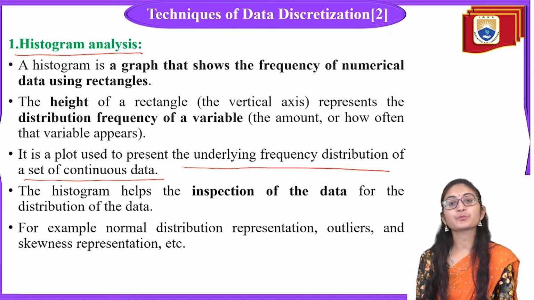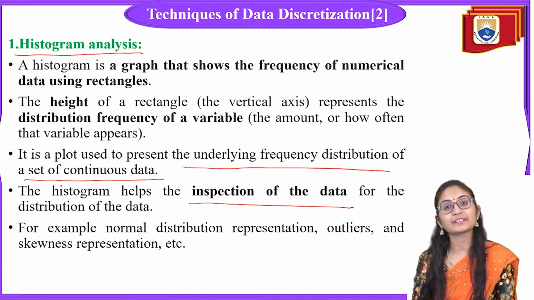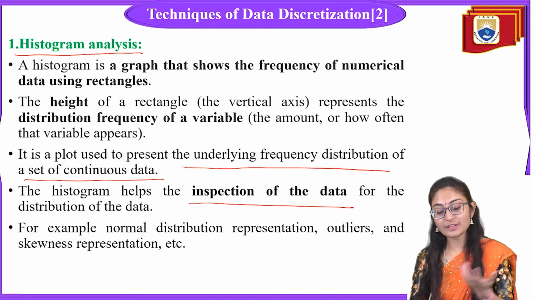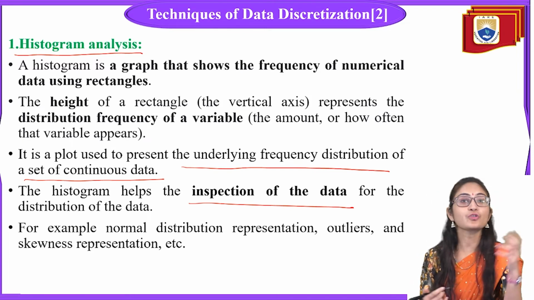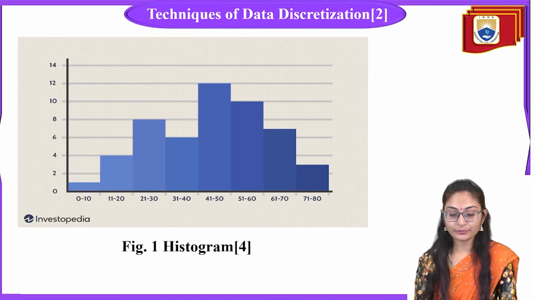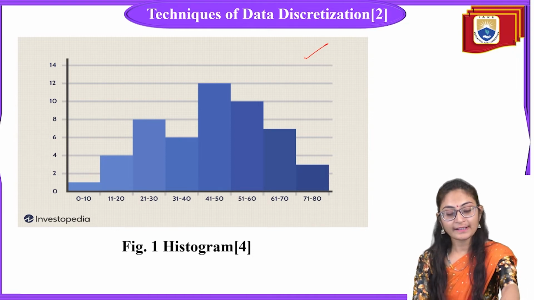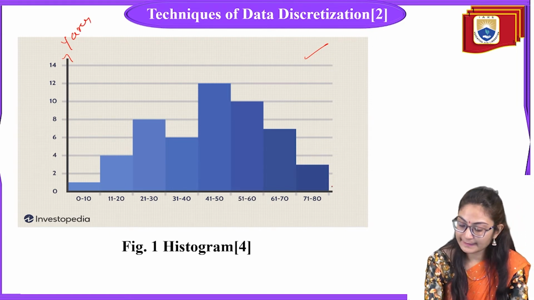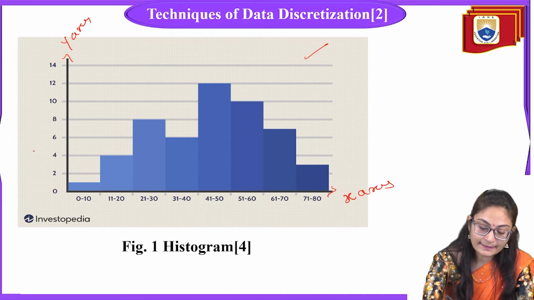A histogram helps to inspect our data for distribution, for example distribution representation, outliers, and skewness. Just see, this is the diagram of a histogram. It contains the y-axis, this is the x-axis, and these are the frequencies.